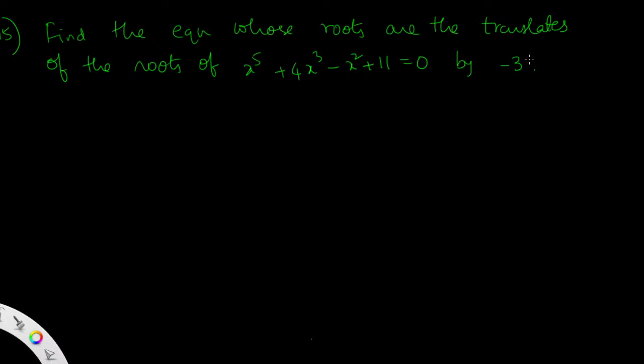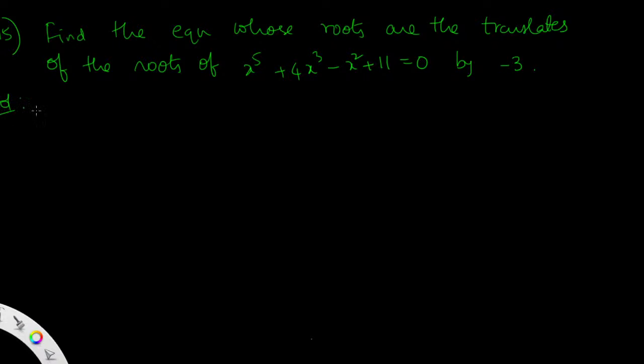In the previous questions, we had to find h, to remove the second term by h equal to minus a1 by n a naught, and the third term by f of n minus r plus 1 of h equal to 0. Here h is given as minus 3. So by the same process, Horner's process, you can take the easiest method.